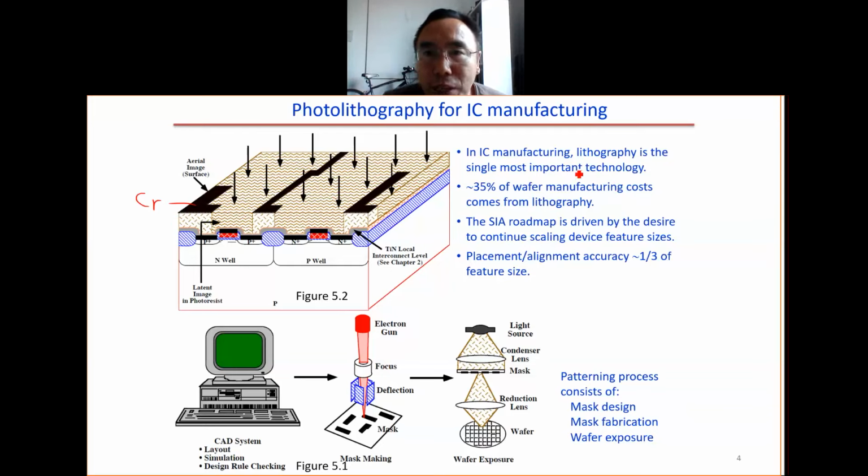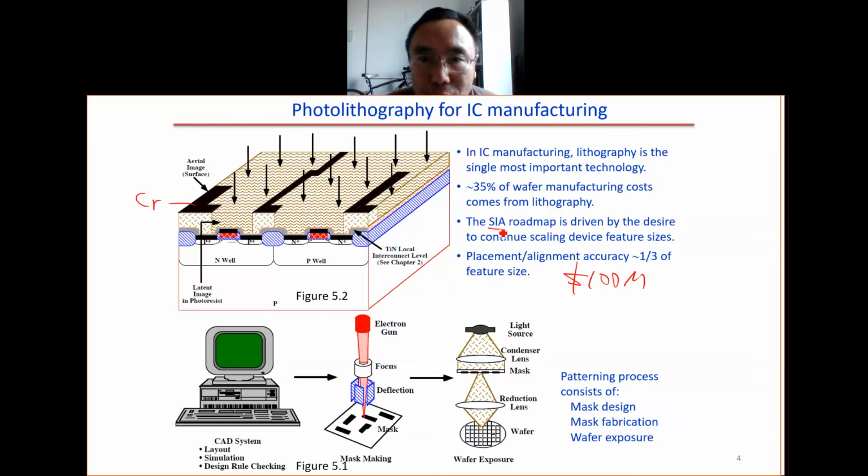In IC manufacturing, lithography is the most important technology. 35% of the manufacturing cost comes from lithography, and the lithography equipment is also very expensive. State-of-the-art lithography costs about $100 million. Very expensive.